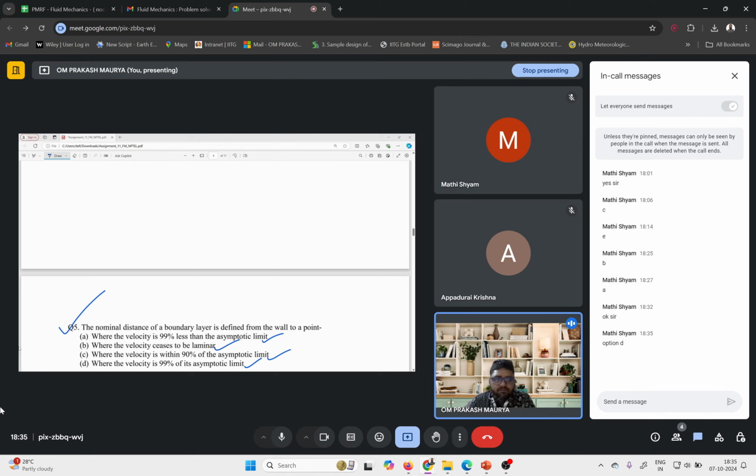I have just discussed this in question number 1, so this question is related to my explanation of question number 1. Syam is telling option D.